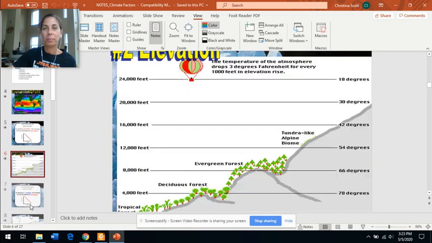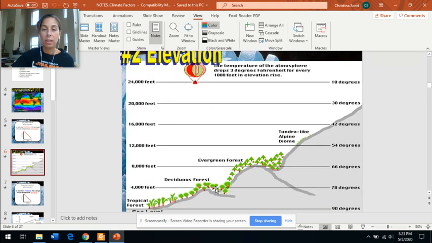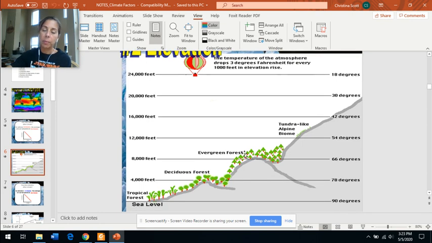Also, same thing with elevation. If my elevation increases, temperatures definitely get colder. You climb up that mountain, you definitely need to bring some gear to keep you warm. And just to point this out too, this right here is called the tree line. You could see as you move away from sea level, as you're climbing elevation, the types of trees adapt to that climate.